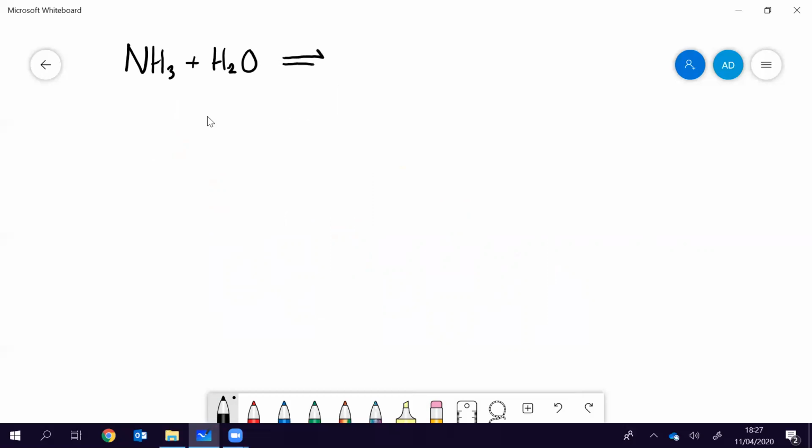It's an equilibrium reaction. Some of the NH3s grab hold of a proton, they get a proton off the water, and they form NH4 plus, and what is left behind is OH minus.